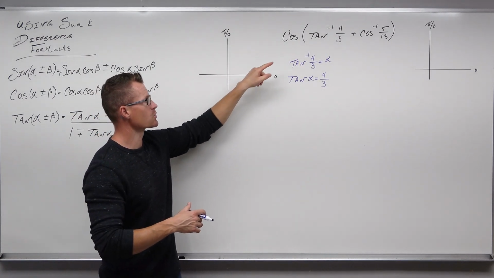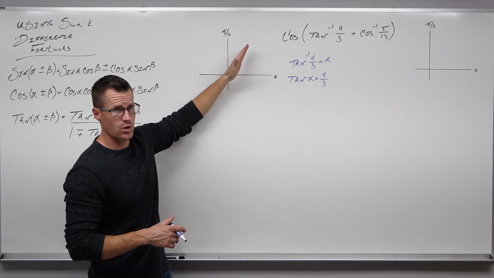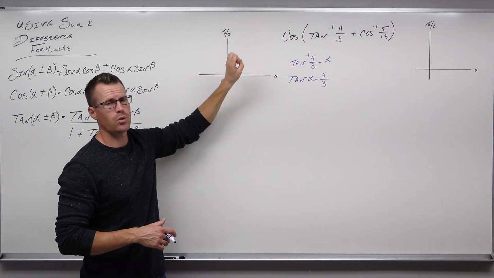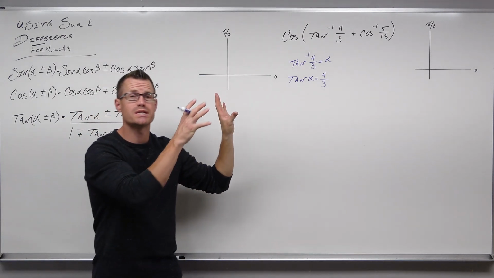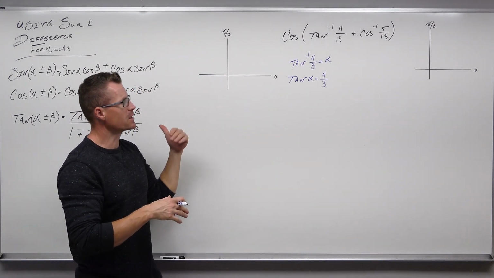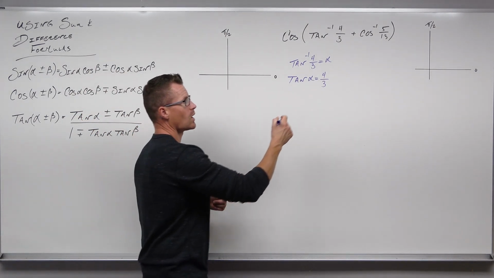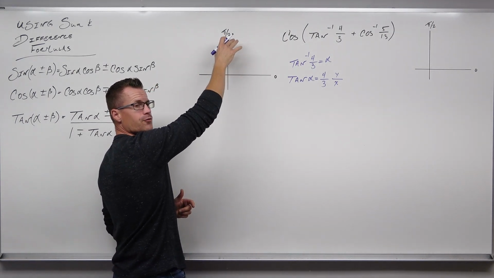You see that because we're tan inverse, we're somewhere from here to here. Because tangent's positive, that is in quadrant 1. That's a positive y and a positive x. That's only quadrant 1. I can't assume it's a negative x and a negative y, which would still give us positive 4/3, because we can't be in quadrant 3 for tangent inverse. So this is y over x, saying we're going to have y of 4, x of 3.